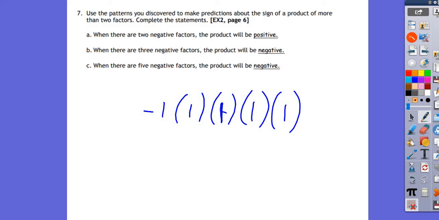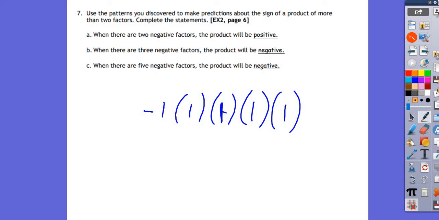A negative plus another negative is going to be a positive. We're not doing plus, we're doing multiply. When there's an even amount of negatives, it's going to be a positive, and then when there's an odd amount. There we go.